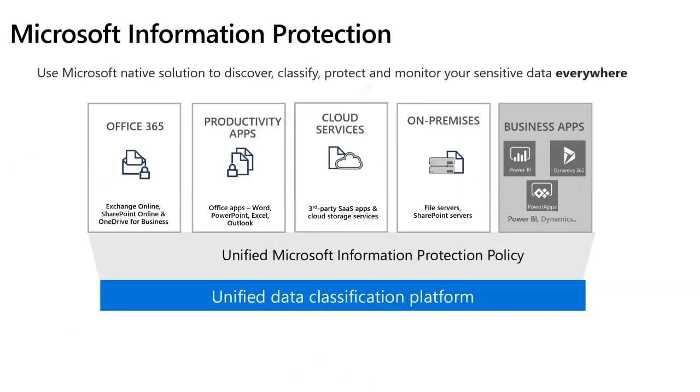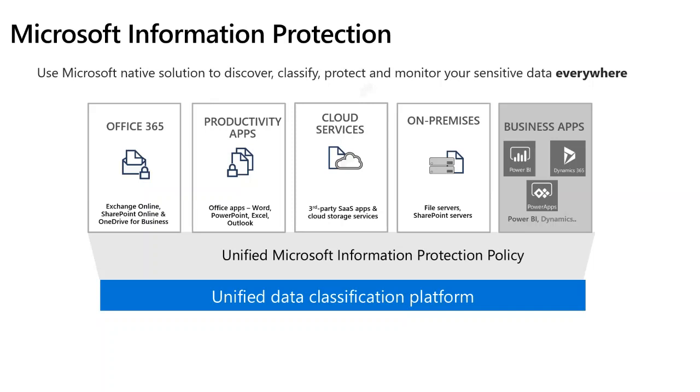We started this classification, labeling, protection story about 4 years ago with AIP. And in the last 2 years, we invested a lot of effort in bringing these classification and labeling capabilities into our productivity suite. We're in pretty great shape now in Office 365, with built-in labeling coming in Office applications on all platforms.